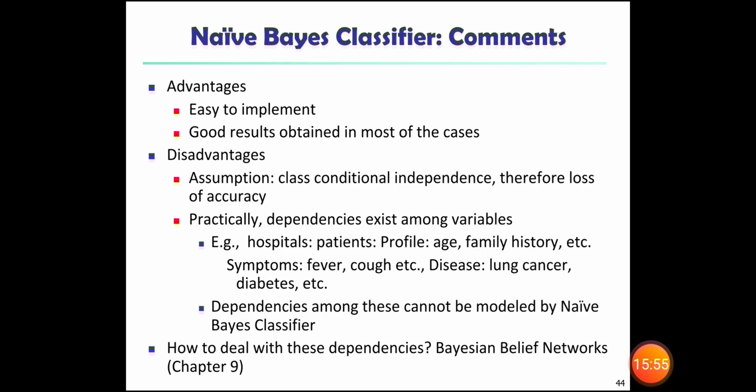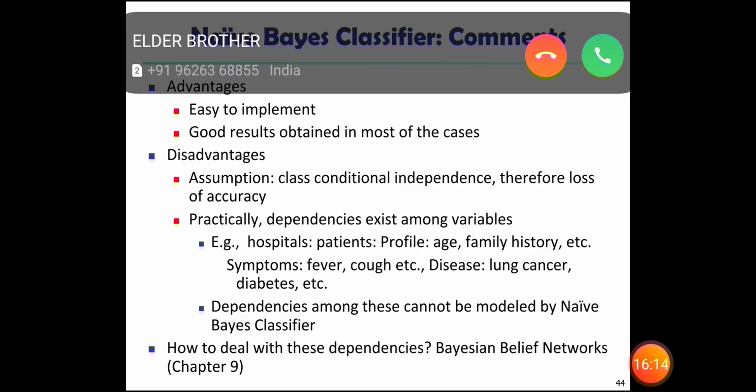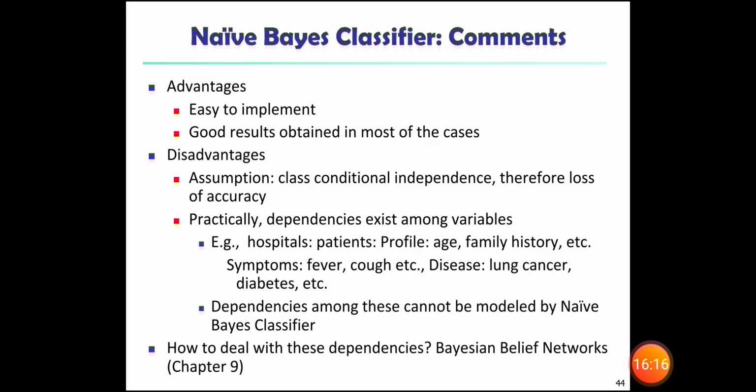Second one, good results obtained in most of the cases. This naive Bayes classifier has been applied in many experimental ways. In most of the cases we got very good results by using the naive Bayes classifier, and moreover it can be compared with all other models also.